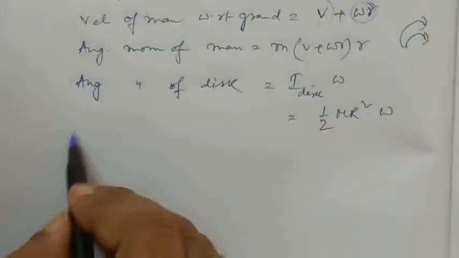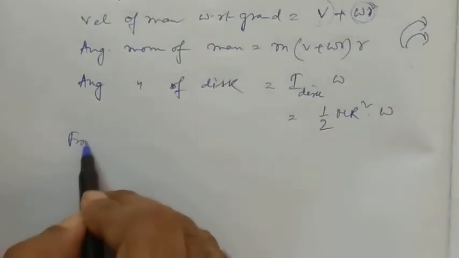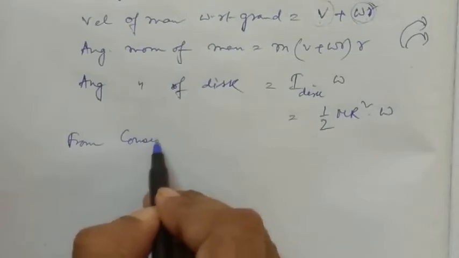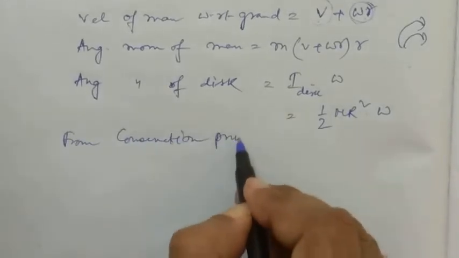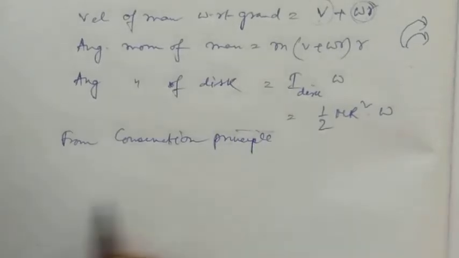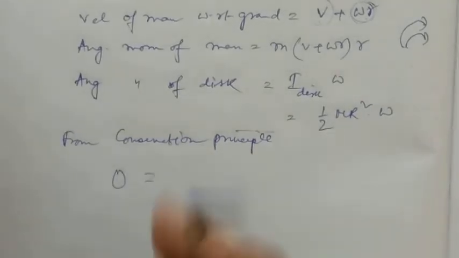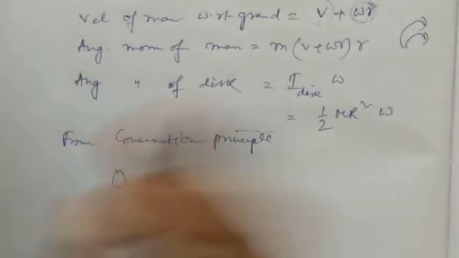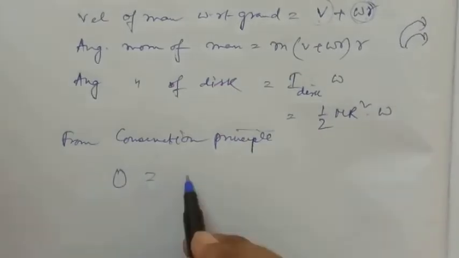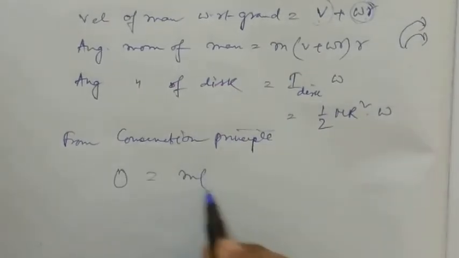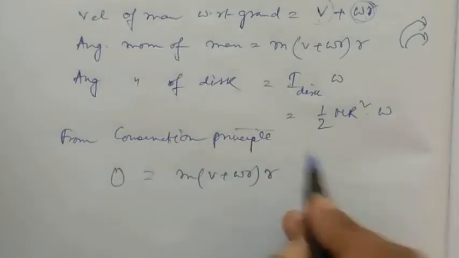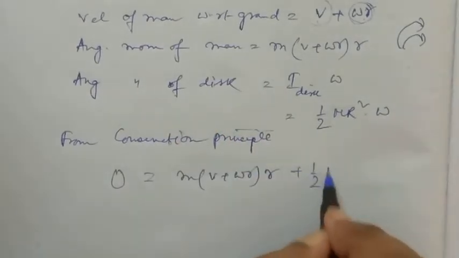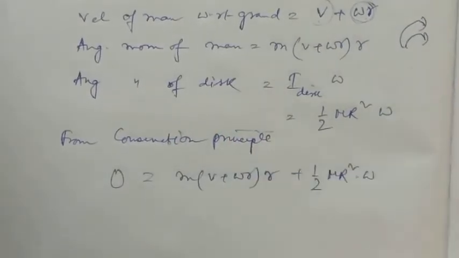So from the conservation principle, we can equate the angular momentum. Before the rotation of the man it was 0, and now it is m into (v plus omega r) into r, that is of the man, plus half mr square into omega.